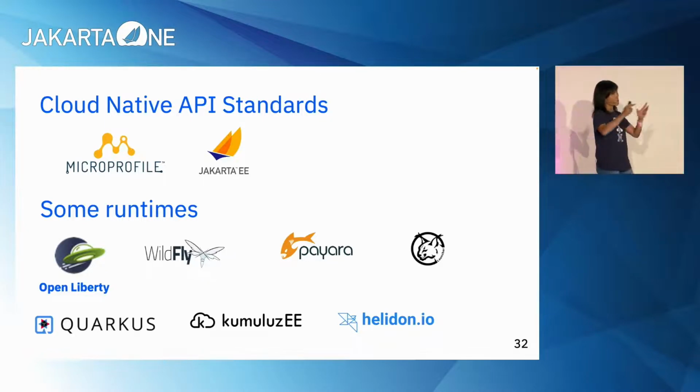Sometimes one company is bought by another, and then top management, like a director, says, okay, we need to use a different runtime. If you use this open standard, that's fine. If you previously ran on WildFly, now you can run on Liberty, no problem, right? So this is the real beauty of this standard.